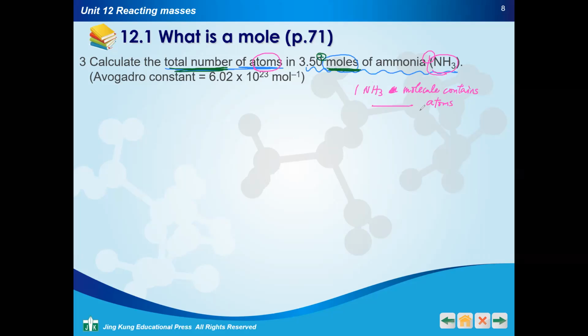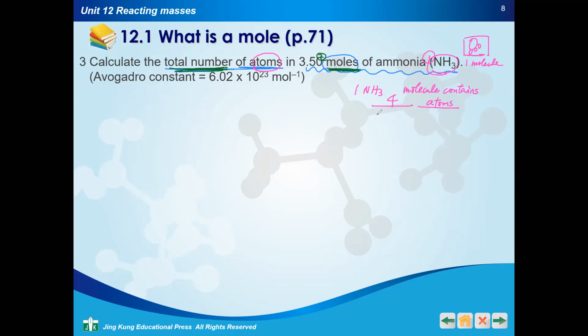Yes, that's 4. Why? Because we've got one nitrogen and 3 hydrogen, right? You can say it is one molecule, as an entity, but inside it we've got 4 balls. 4 balls means 4 atoms. Can you get my point?